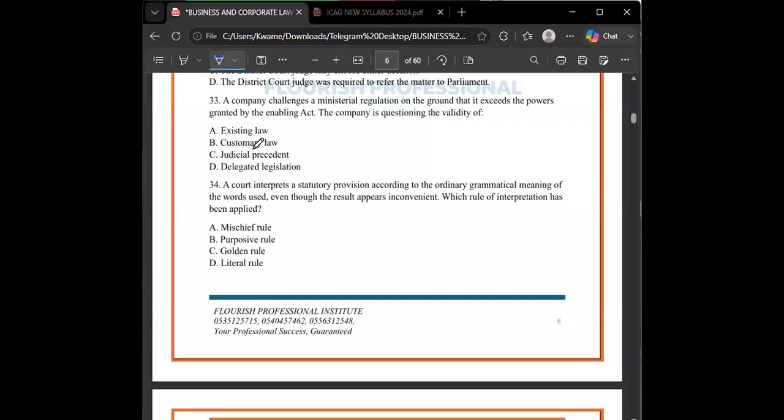So now a ministry. Ministries are established or formed through an act. An act will give the ministry the power to oversee issues when it comes to that sector or that ministry.